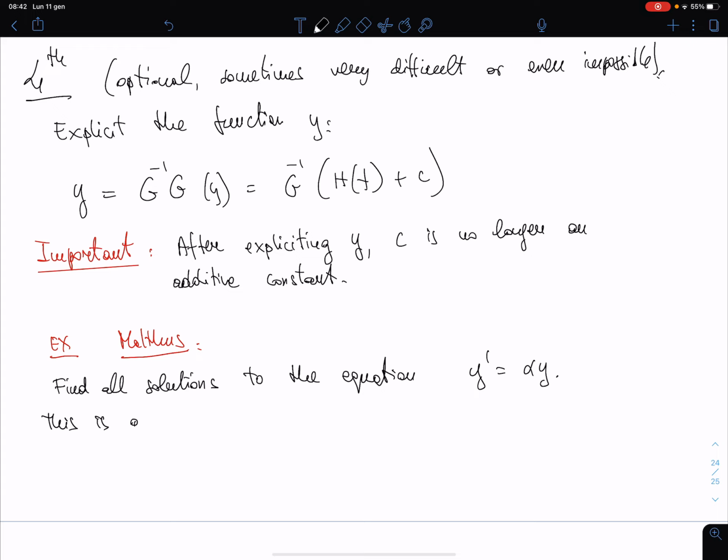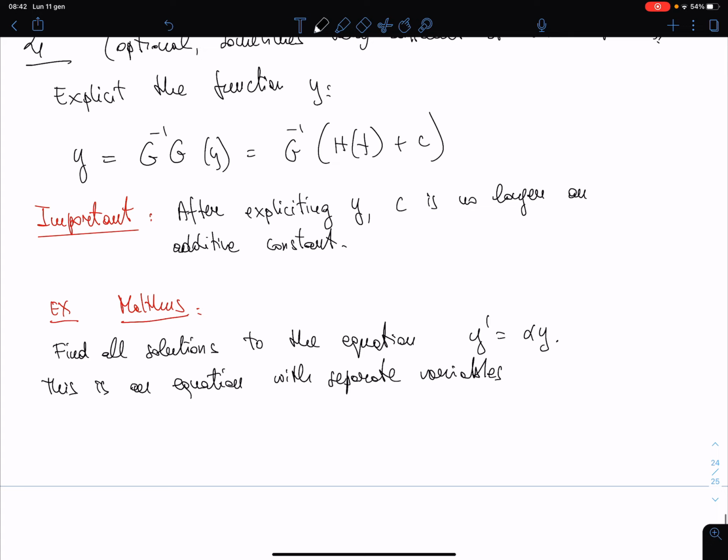This is an equation with separable variables, so it is not difficult to integrate.